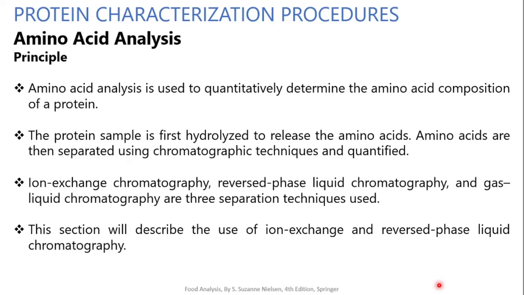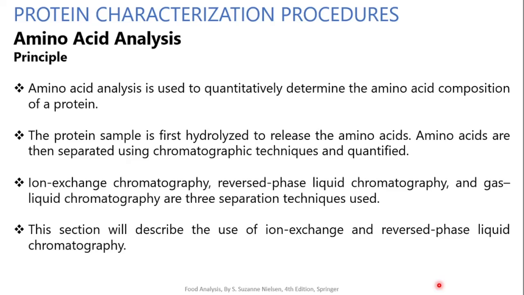So what happens if you break down that protein molecule? Proteins are nothing but macromolecules. Whenever they are broken down into smaller molecules such as amino acids, and these amino acids pass through the chromatographic column, a separation takes place, and then we have to quantify the amino acids present in the sample.